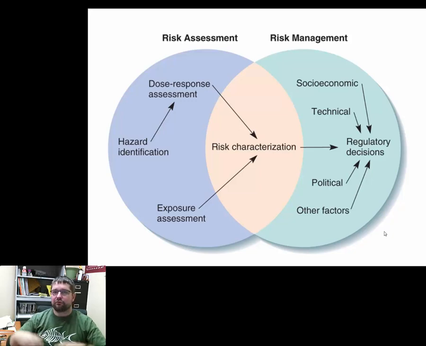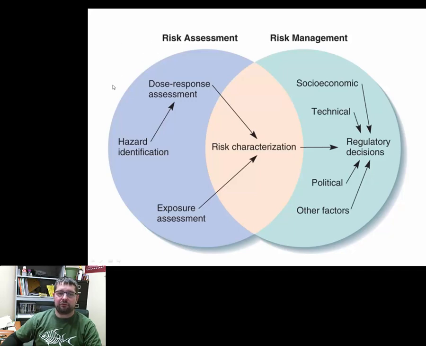So when it comes to risk assessment and management, like I said before when I started this section, it has to do with your socioeconomic status, so where you're at financially. It has to do with politics behind it. It has to do with maybe some religion.